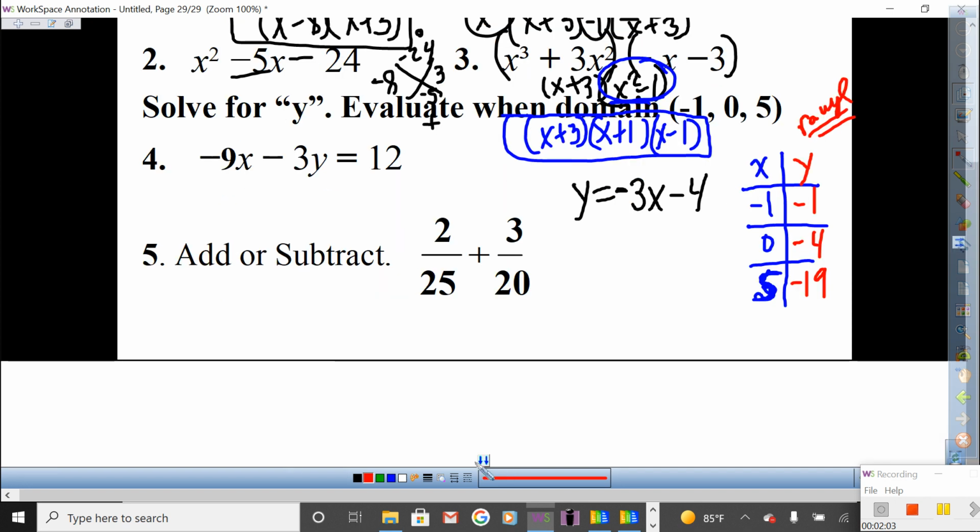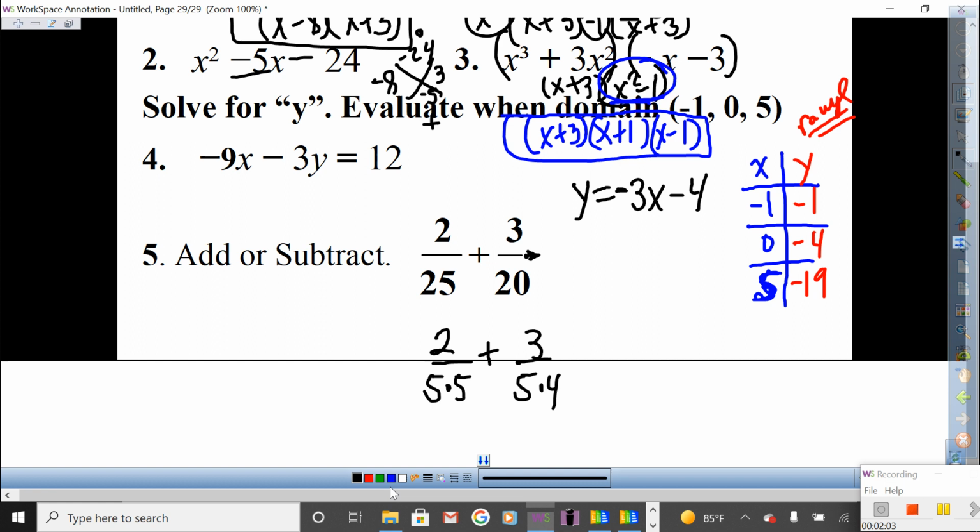And number 5. Pass someone. Andy, what did you get for number 5? Didn't do that. Okay. Help him out. Noor, what did you get? All right, let me help you guys out. We got 2 and 3, like Michael Jordan. So what is the GCF between 25 and 20? 5. Both of them should have a 5, so this is 5 times 5.